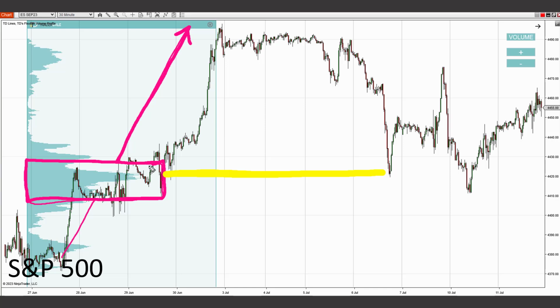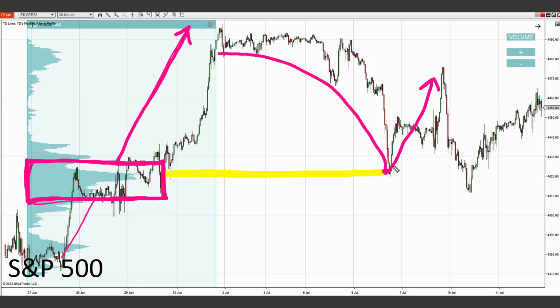So if there is a pullback to that zone in the future, like in here, then we can expect a reaction from this zone as the buyers from here will become active, defend this heavy volume zone where they placed a lot of their longs and push the price upwards from there again.